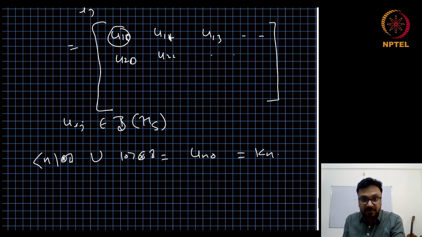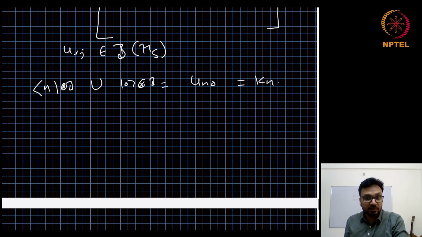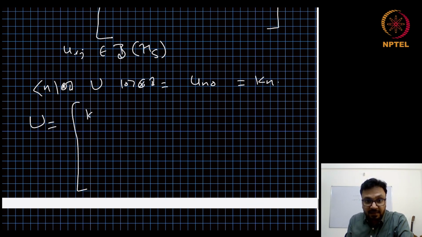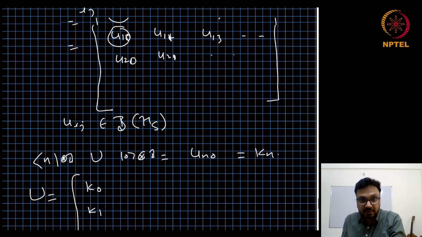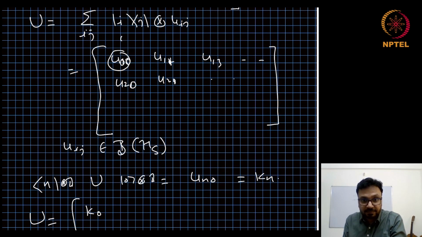The counting is from 0, not from 1. So U10, U20, U30, and so on are K1, K2, K3, and so on. So it means that the unitary, if we choose it to be of the form K0, K1, and so on, counting is from 0.